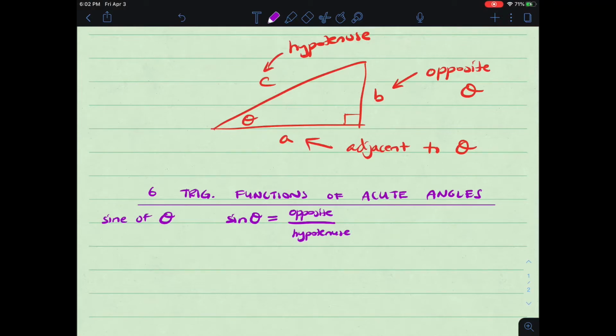So in the example above, the opposite of theta would be B, and the hypotenuse would be C. If you remember, we use the acronym SOH to remember what sine represented, where S stands for sine, O stands for opposite, H stands for hypotenuse.